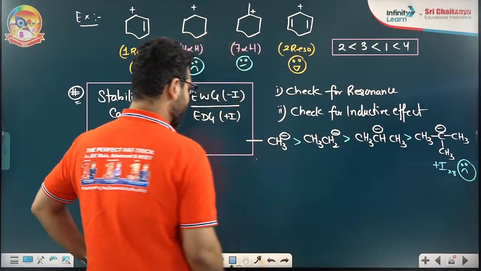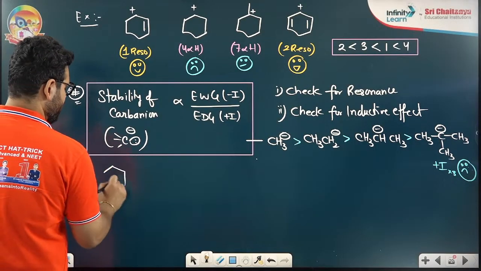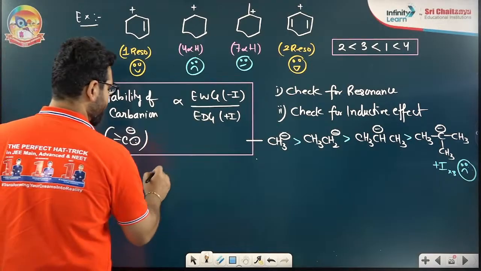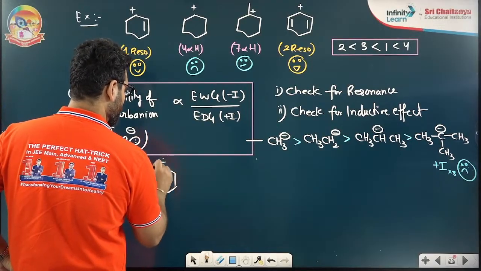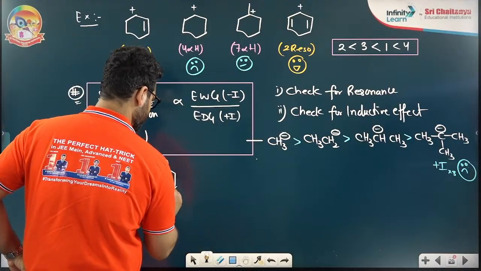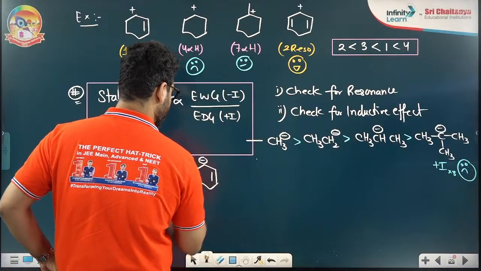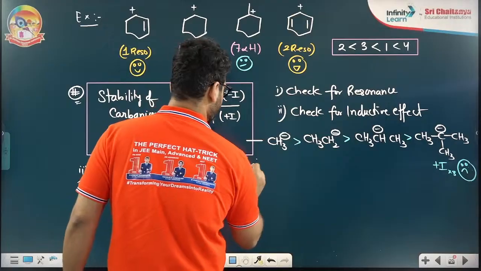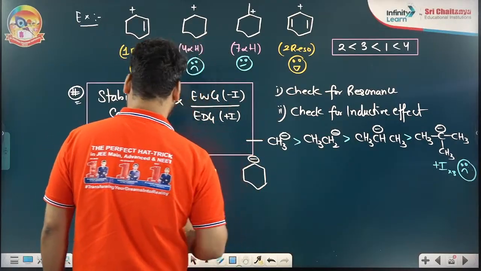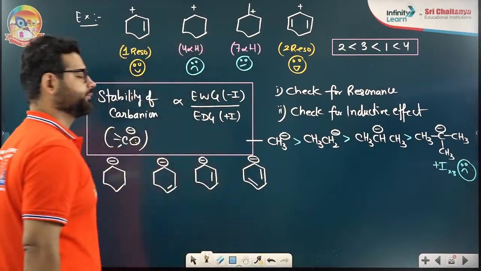Second example, let's take one more. You will understand from this point of view. If I give you this carbanion, versus this carbanion, versus this carbanion, versus this carbanion.